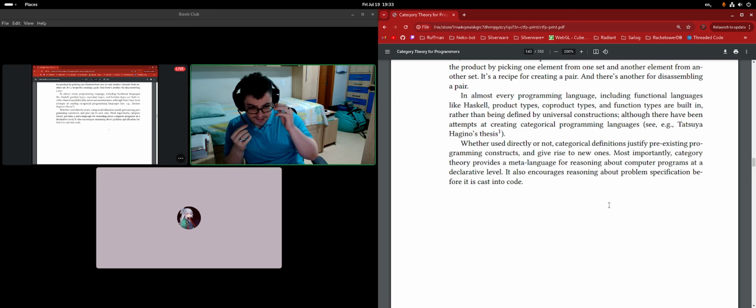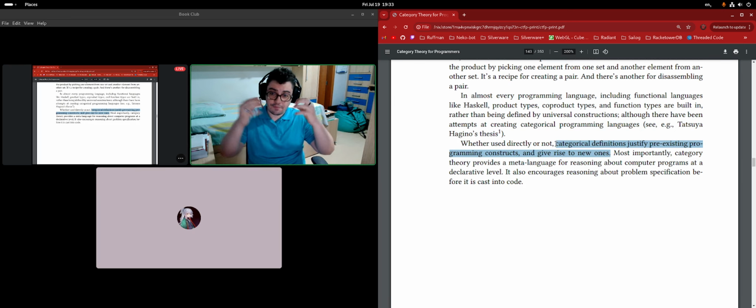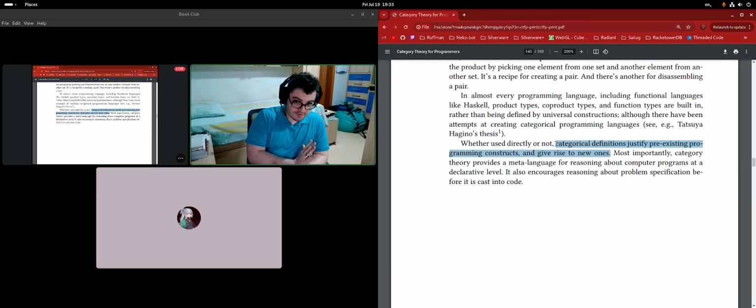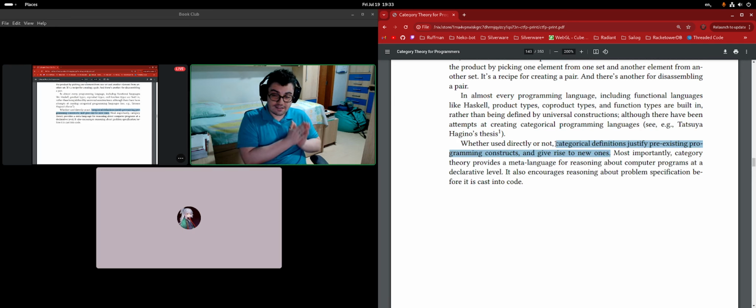And the reason is very explicitly stated here, because we can try to pick a problem, and if you're having a difficult time trying to implement it in some programming language constructs, we can switch the domain to something else, try to solve it in there, and after we have a very solid understanding of how to solve it in there, then we can transpose it again to the domain of implementation.